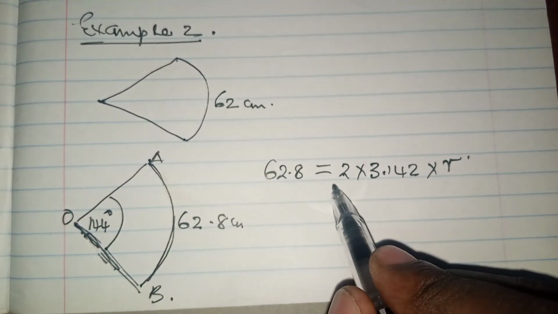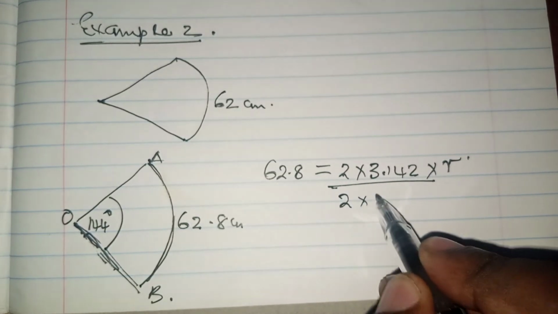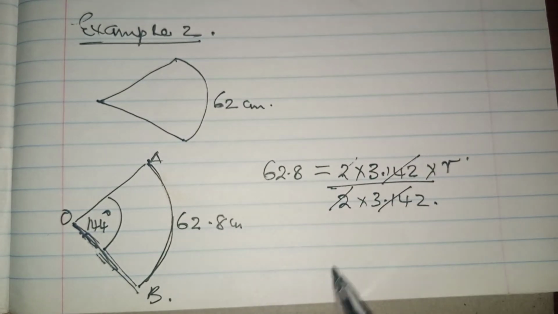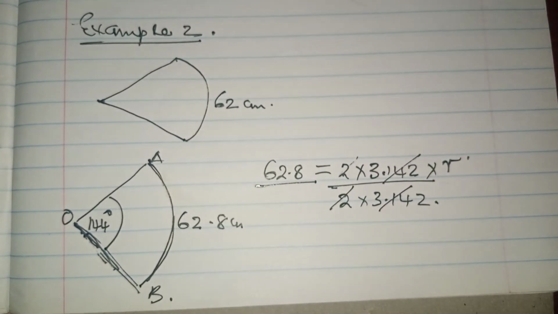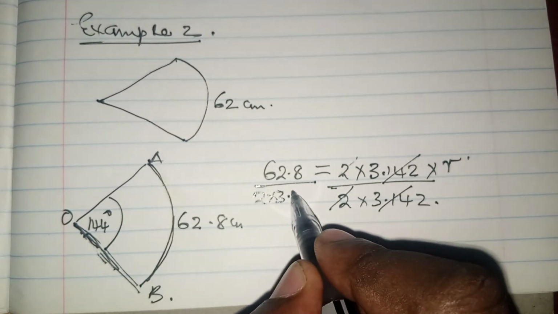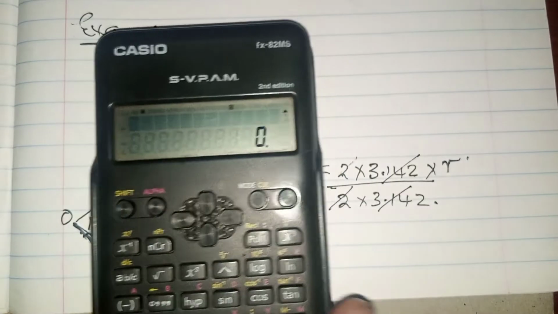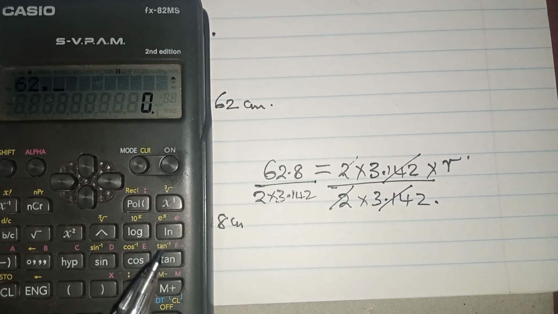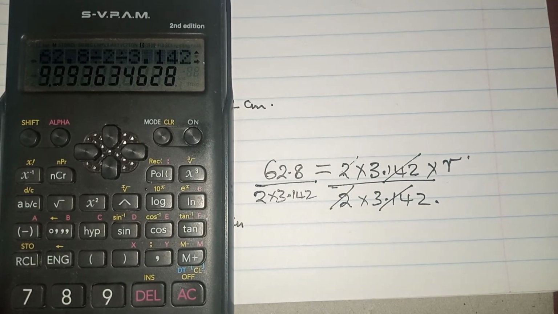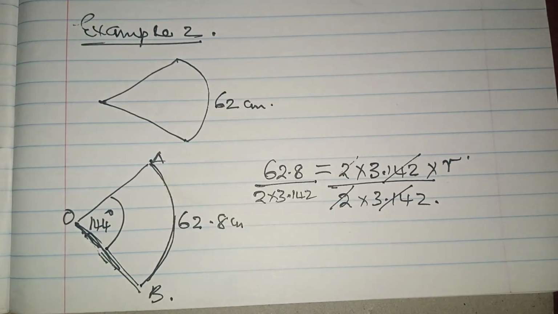And all we need to do is divide both sides by 2 and pi, so that this cancels out, and we are going to have 62.8 divided by 2 times 3.142. It is now very easy, because you're going to have 62.8, divide by 2, and again divide by 3.142.